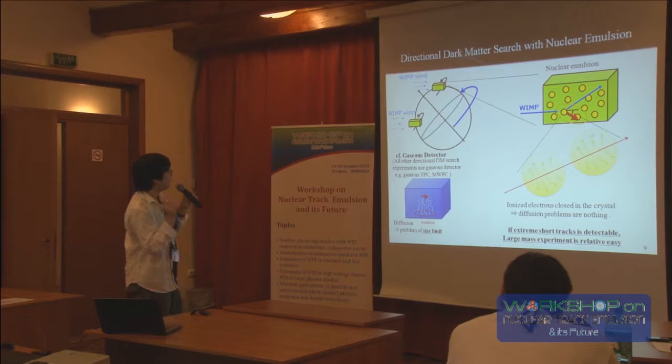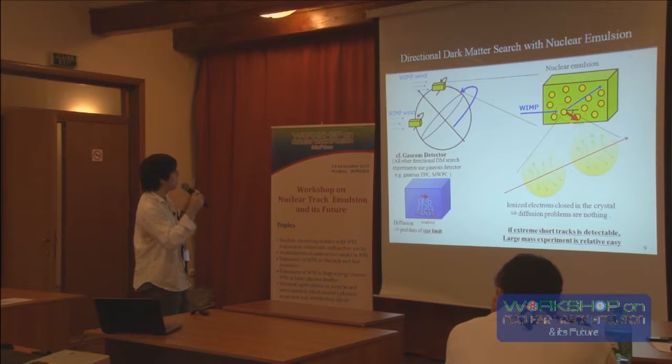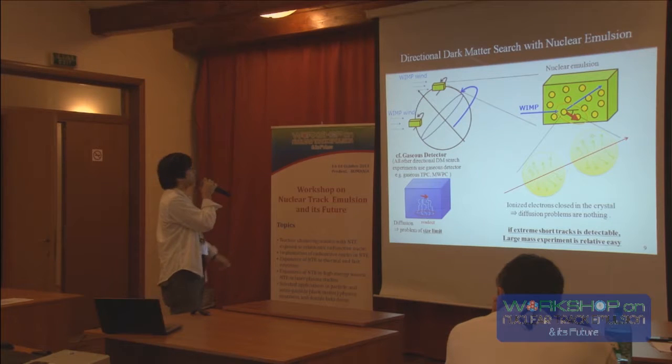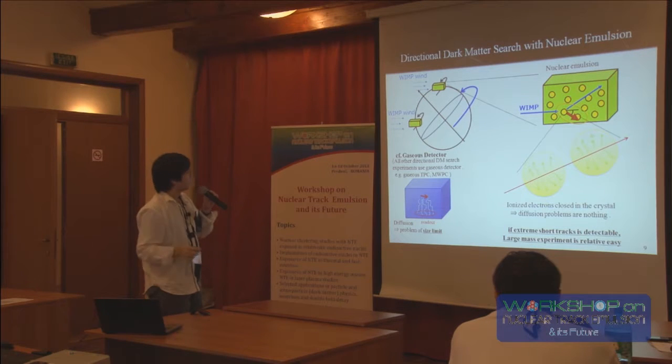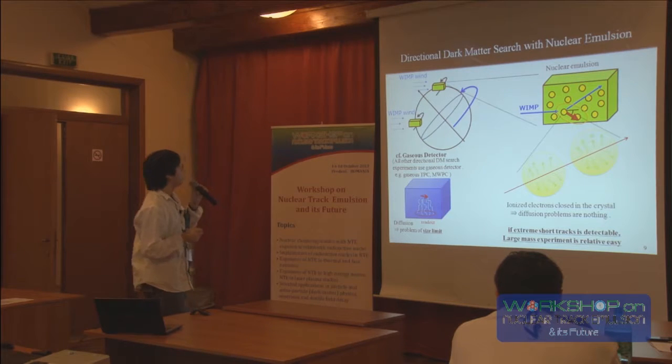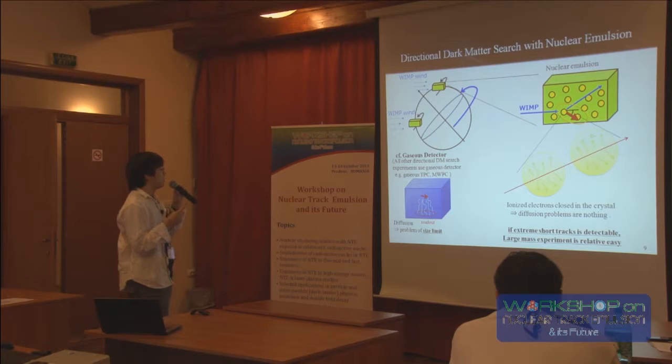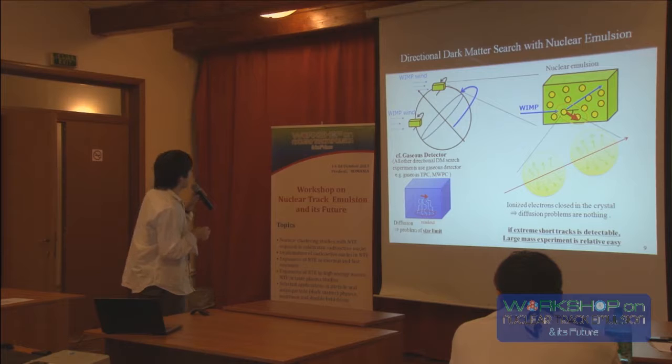But if we fix the detector to the WIMP direction, we can integrate the recoil signals from the same direction WIMP wind. If it is possible, we can calculate the WIMP wind direction. So it means another proof of the existence of dark matter.